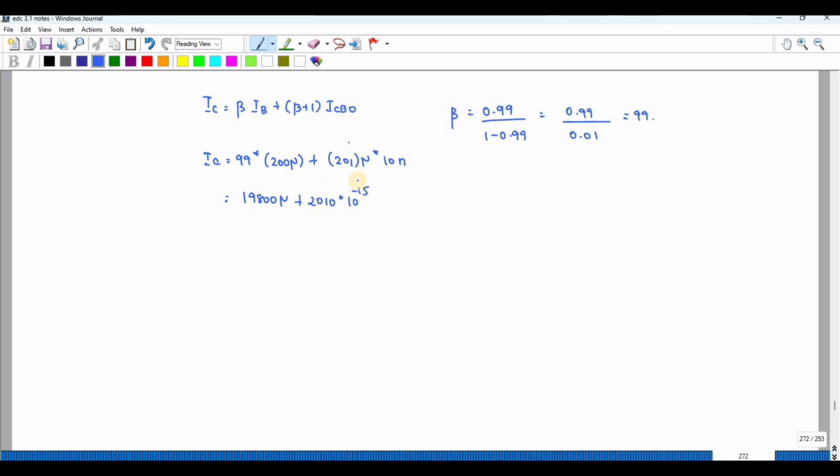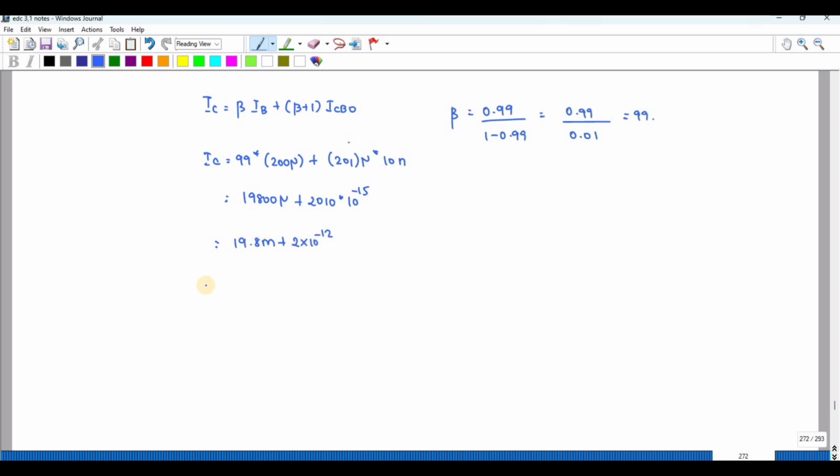So this is a very small value. Here you have 19.8 milli, plus this one, 2 into 10 power minus 12.